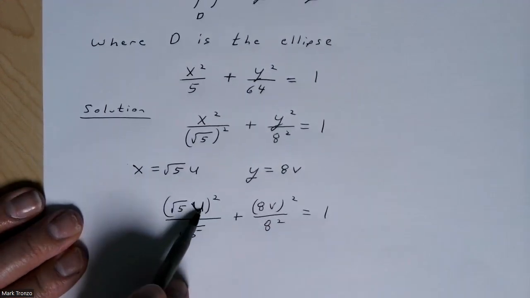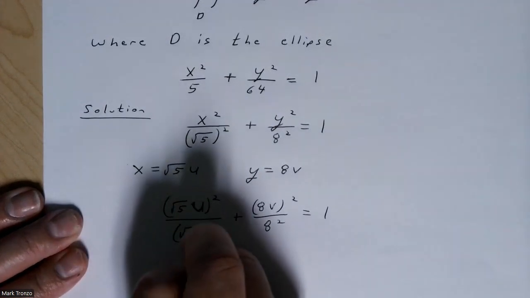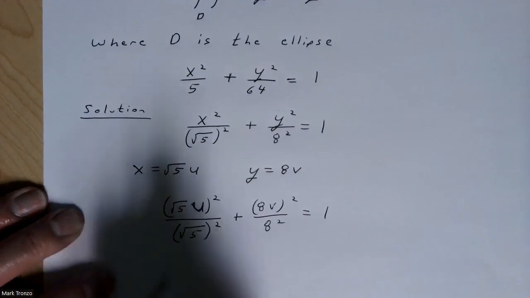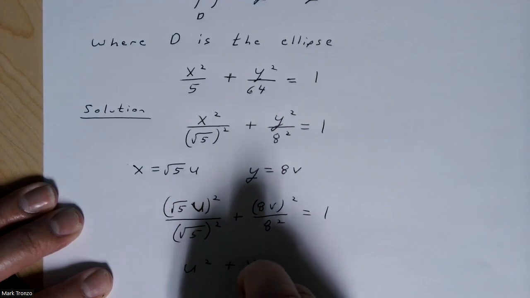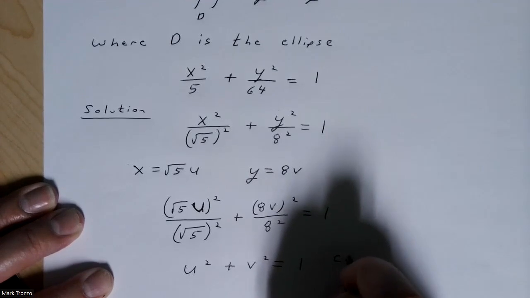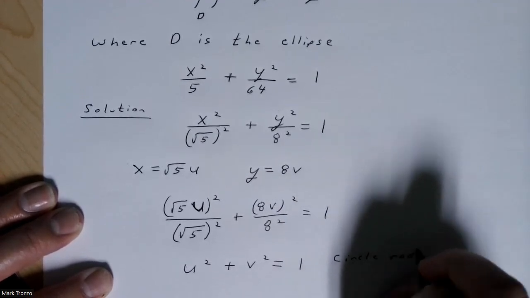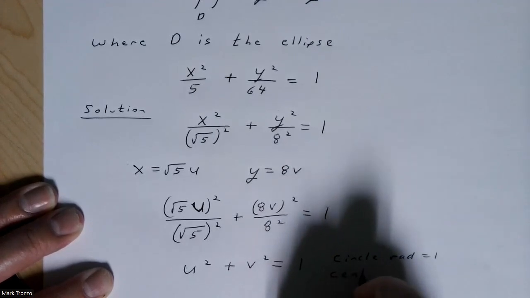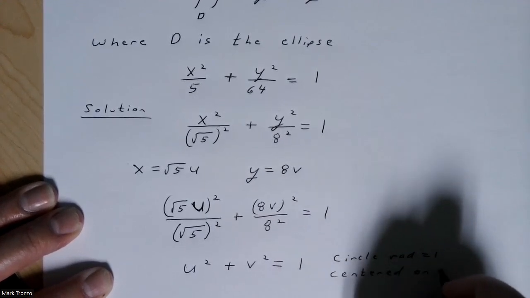Again, that's supposed to be a u there. It's kind of messy. But again, the denominator here was already squared. Now, when we square this, these are going to cancel. So we're going to end up getting u squared plus v squared. So this is a circle of radius 1 centered on the origin.